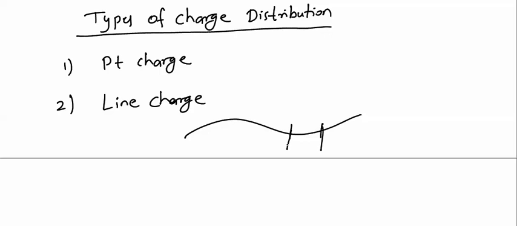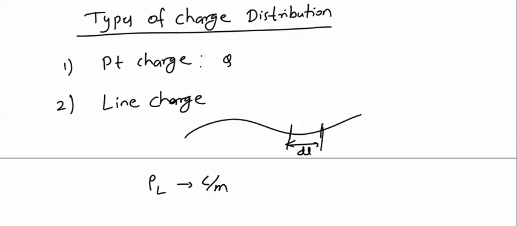If I consider a small length dl, a point charge is always represented by Q. Similarly, line charge is always represented by a factor called rho L. Rho L is called the line charge density, and it is given in Coulomb per meter. That means how much charge this line charge contains in a unit length, that is given by rho L.